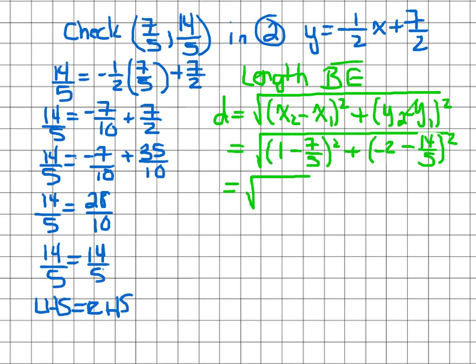That is equal to common denominators, which is 5 over 5 minus 7 over 5 all squared plus minus 10 over 5 minus 14 over 5 all squared.